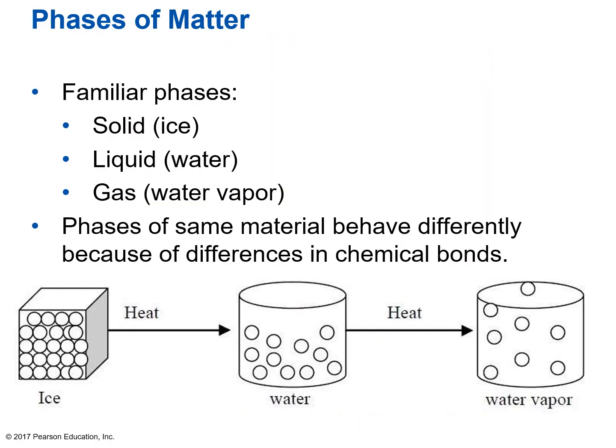Let's talk now about phases of matter. Since elementary school, you should have been familiar with the basic phases of matter: solid, liquid, and gas. And when you think about water, the solid would be ice, and then it melts and it becomes liquid, and that's water. And then if we boil it, it becomes steam or water vapor, that's gas.